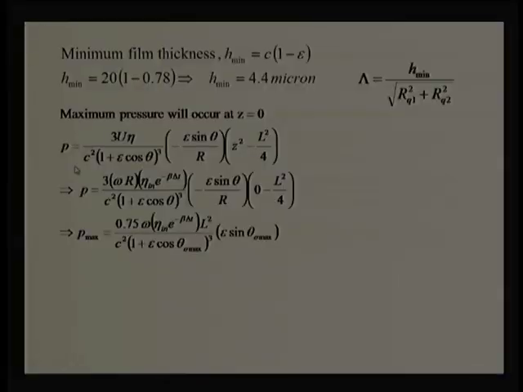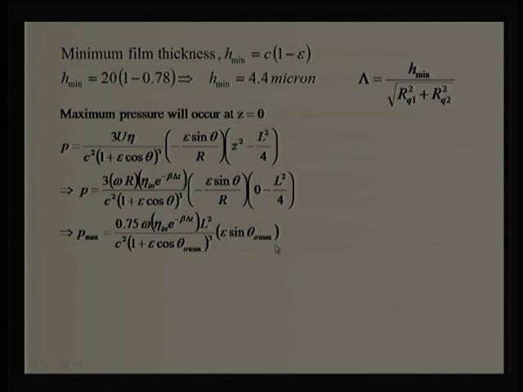So, start with the pressure relation first. We say that this is the pressure relation. We say that maximum pressure will occur at Z equal to 0. Substitute this, rearrange this, and after that differentiate with respect to theta. After differentiating with respect to theta, equate to 0. That is going to give us theta for maximum pressure.